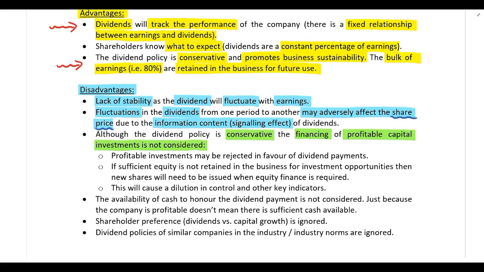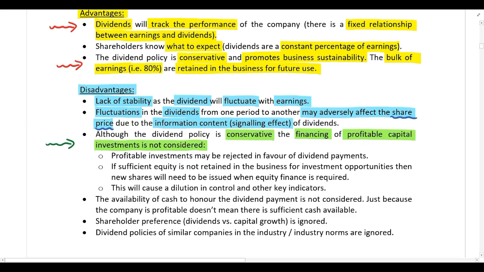Or perhaps they're actually holding back too much and they don't have any investments this year, so they should be actually paying out a higher dividend. The point of this disadvantage is the fact that they don't even consider this. They don't consider profitable investments. Straight away, every year, they always just pay out 20% of earnings as a dividend.